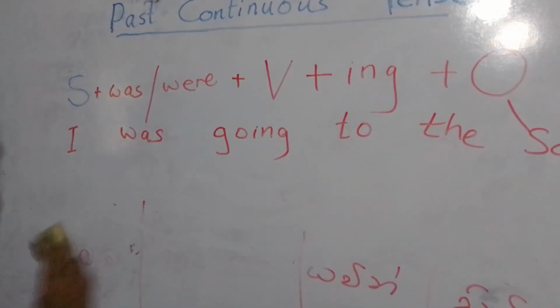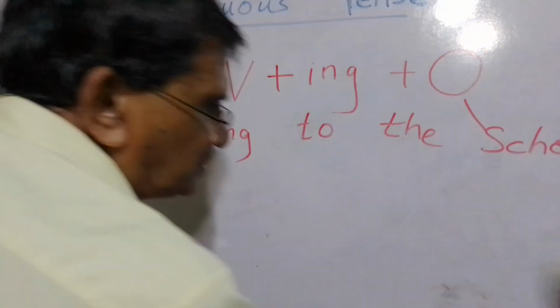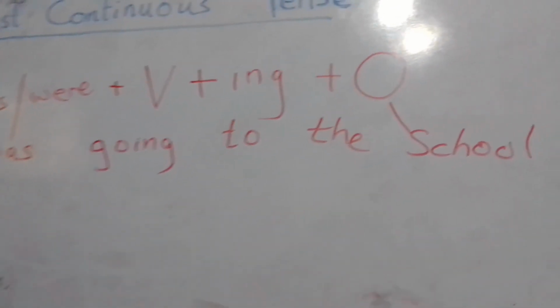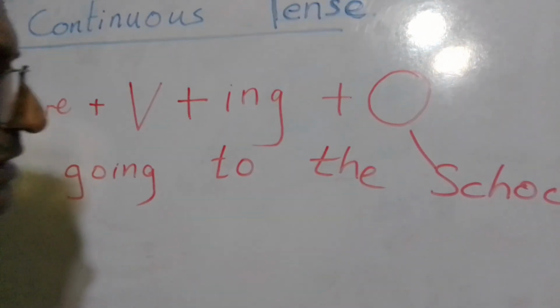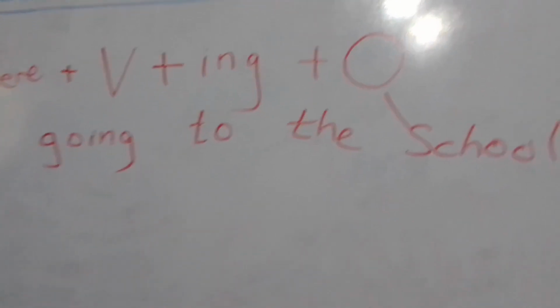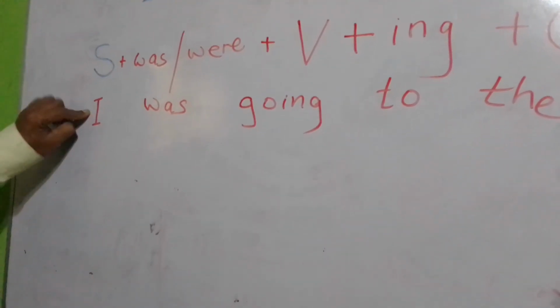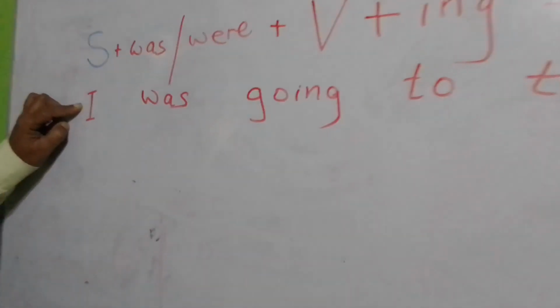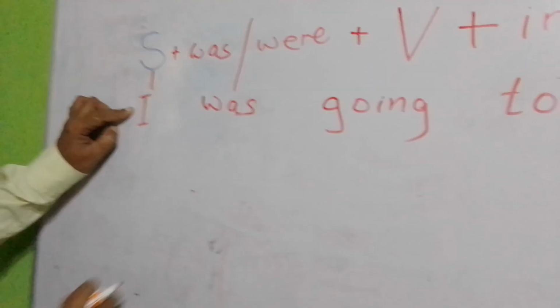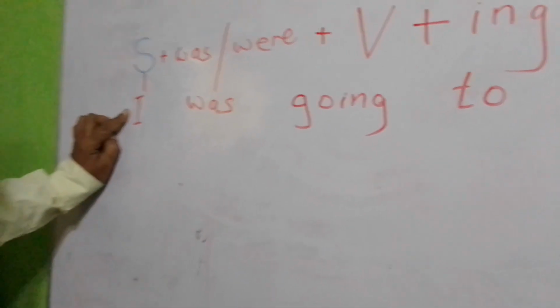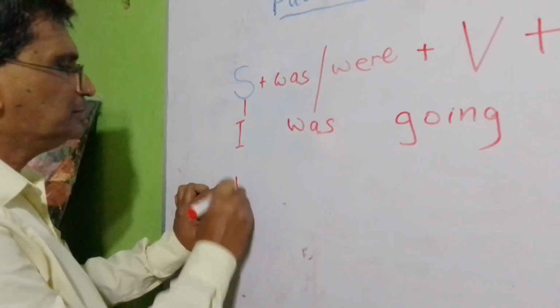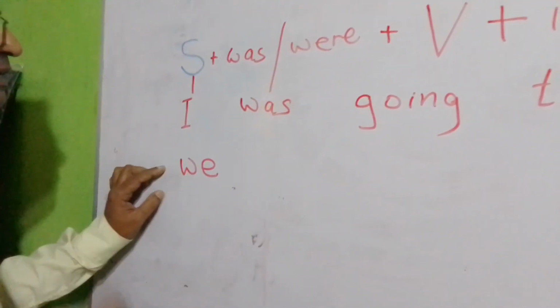Okay, students. Now we will try to change this sentence into the plural. What is the plural of the pronoun I? The plural of the pronoun I is we. Okay.